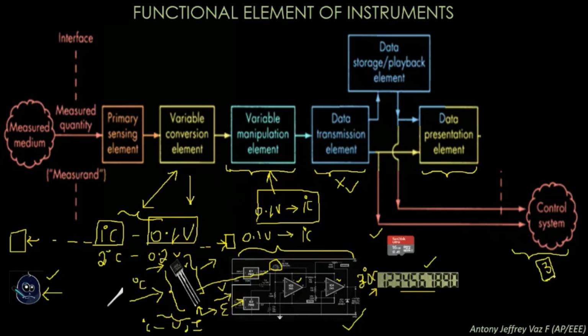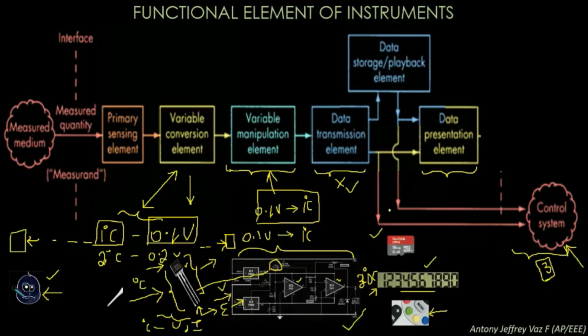In case of a bigger measurement system, there will be several control units. These control systems are going to be with the help of buttons, okay, and embedded devices. These control systems will access the data transmission element, data storage element, and data presentation element.